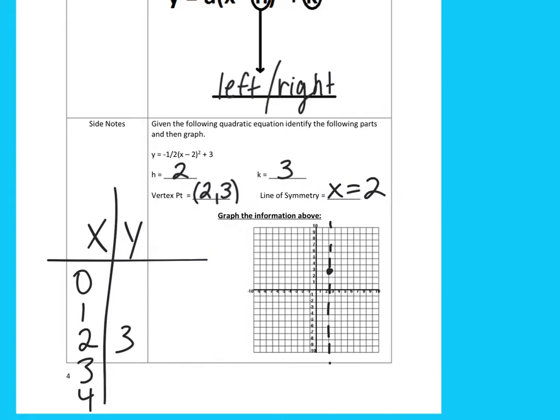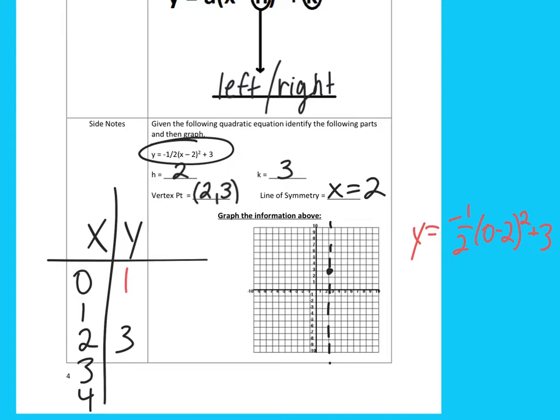Now I take that calculator and I go plug those numbers in. So the first one, y equals negative 1/2, 0 minus 2 squared plus 3. What do you get? 1.